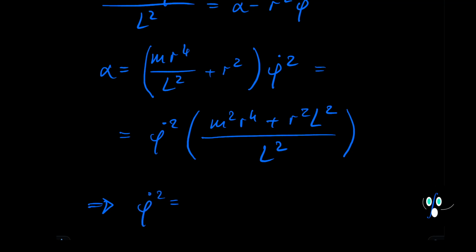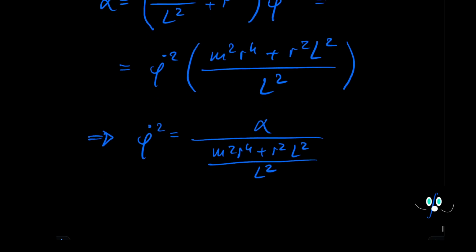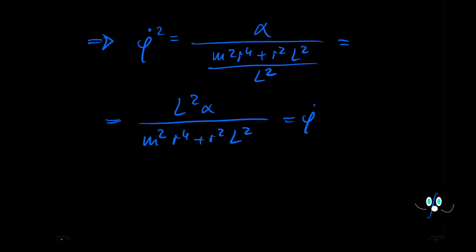Phi dot squared is alpha divided by m squared r to the power of 4 plus r squared L to the power of 2, divided by L squared. So this we can further rewrite, so what we're going to have is L squared alpha divided by m squared r to the power of 4 plus r squared L to the power of 2. And this is phi dot squared.